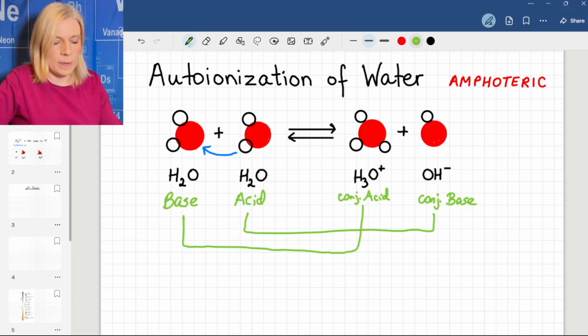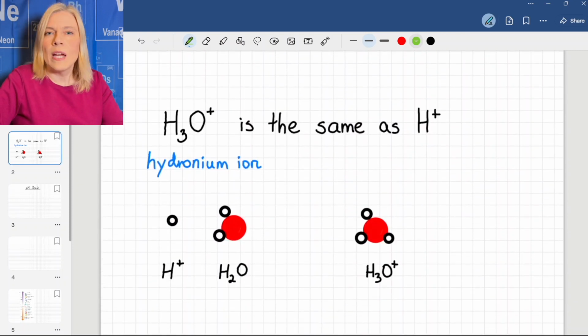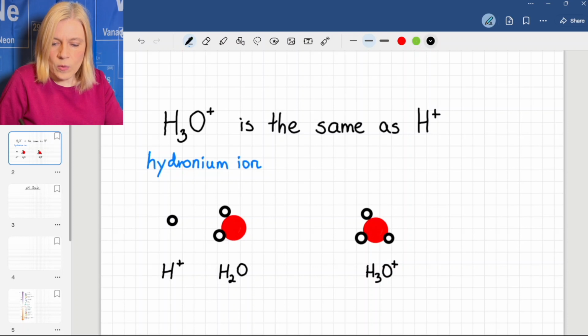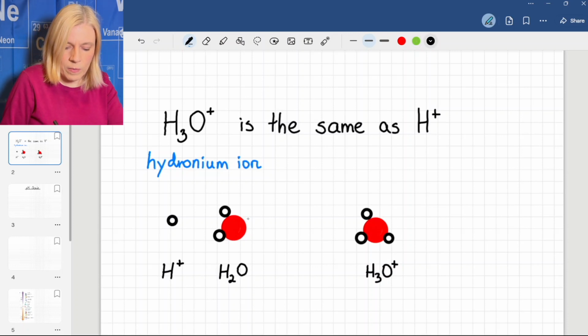Keep that in mind. Also, I want to mention that H3O+ is the same as the H+ ion. H3O+ is called the hydronium ion. I want to show you why. When we have a water molecule, remember there's a lone pair of electrons here and a lone pair of electrons here.